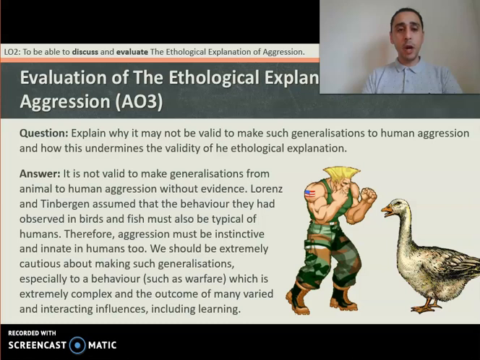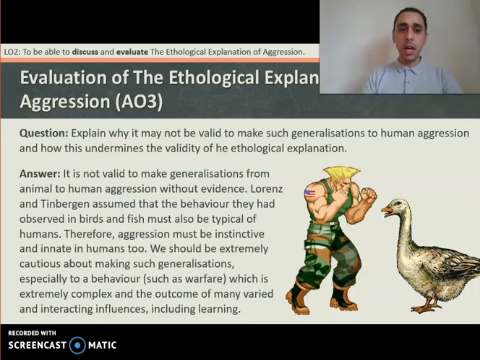Explain why it may not be valid to make such generalizations to human aggression and how this undermines the validity of the ethological explanation. Here's the answer. It is not valid to make generalizations from animal to human aggression without evidence.